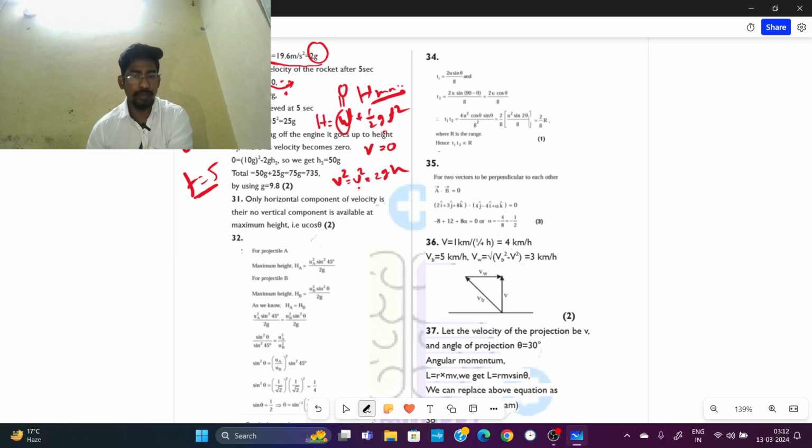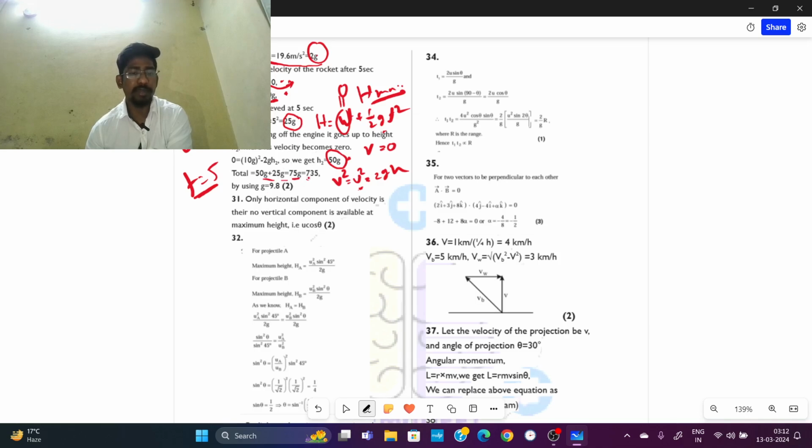The value of u here is 10g, the initial velocity for the second part where the engine is switched off. So 0 equals 10g square minus 2g h2, and h2 is 50g. Initially it traveled 25g, now it traveled 50g, so the total height is 25g plus 50g.